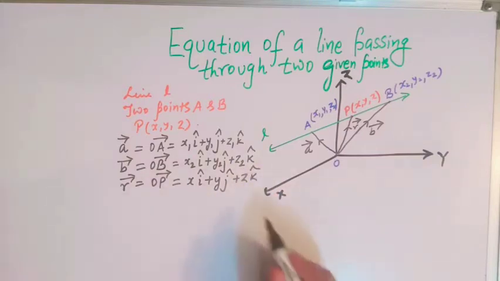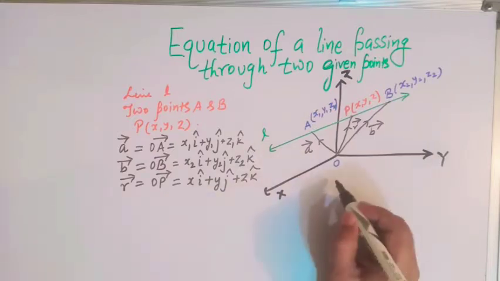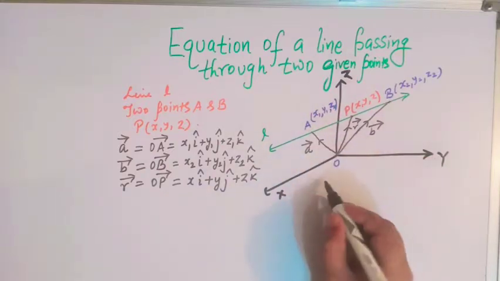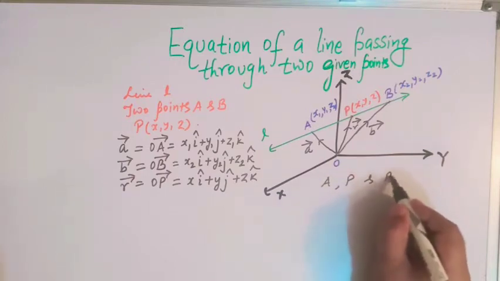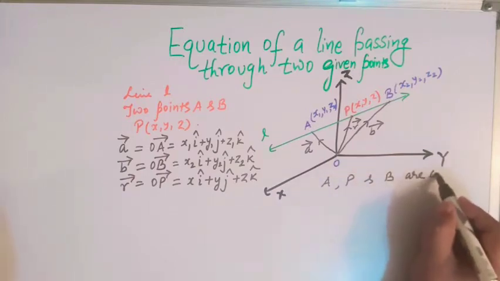Okay. Now viewers, here we observe that the points A, P, and B are collinear, right?